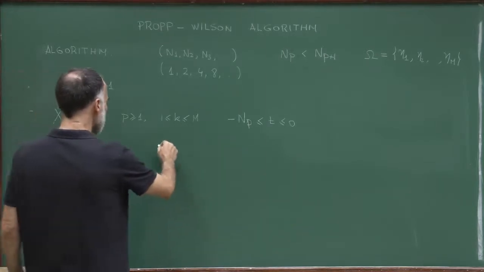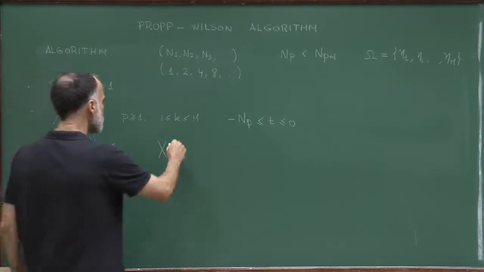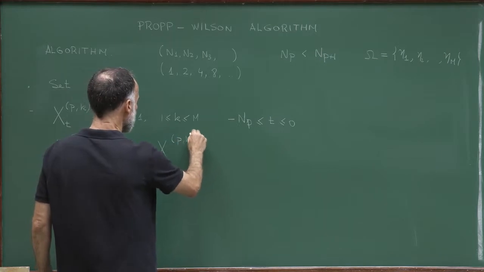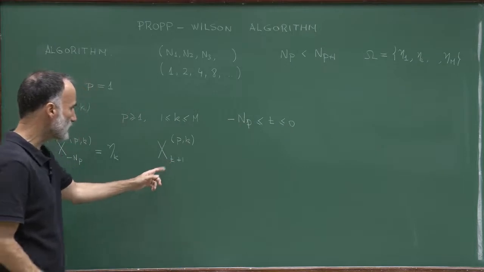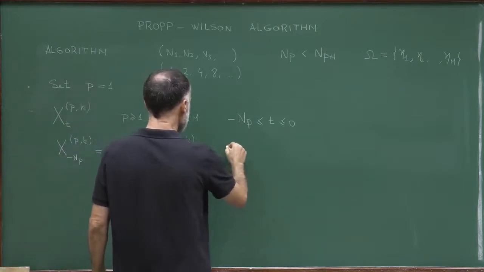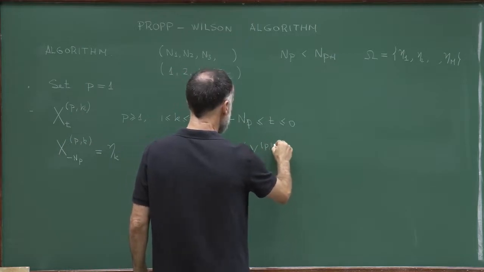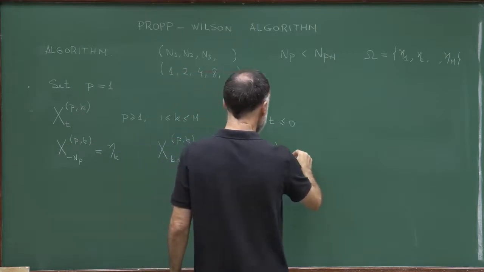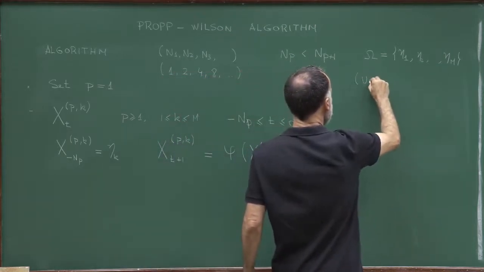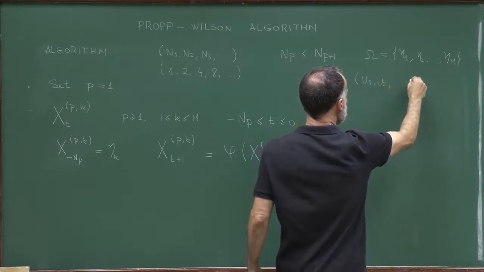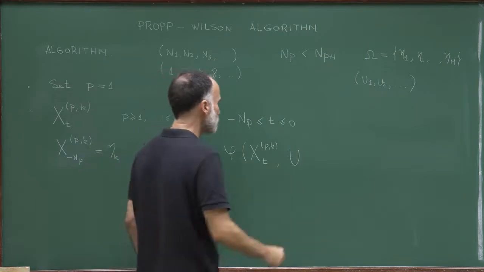And now you define the chain by using the function phi. So this chain x_p^k at time t plus 1, mind t here is negative, will be equal to phi of x_p^k at time t, and u at minus t. Here u is my sequence u1, u2, the IID sequence of uniform random variables.